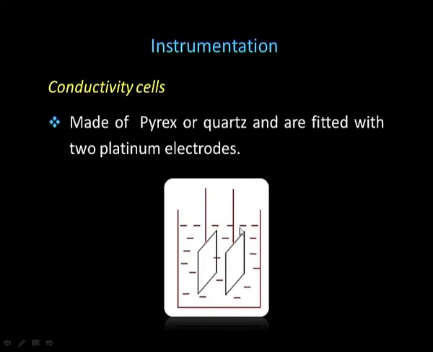The conductivity cell is made up of Pyrex or quartz glass and is fitted with two platinum electrodes. You can see here we have two platinum electrodes which are fitted in a Pyrex or quartz glass, and the solution is filled.